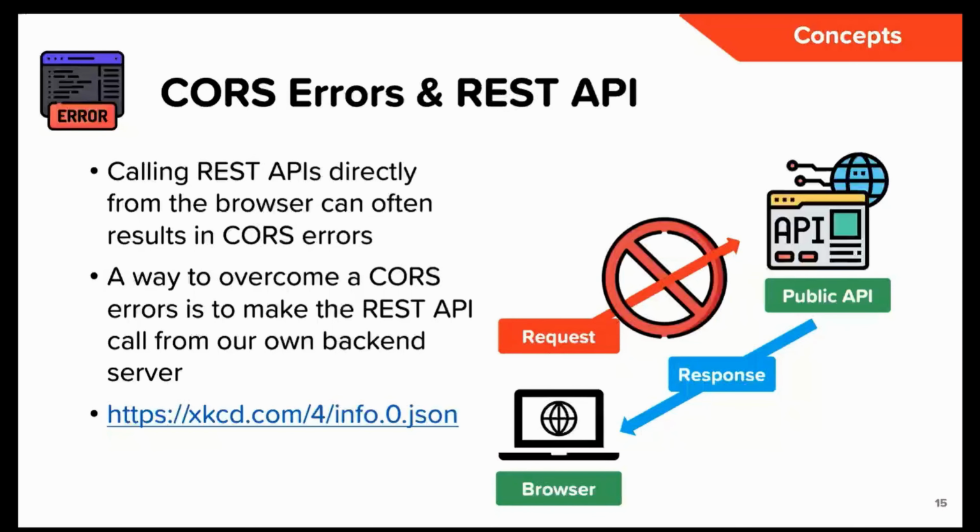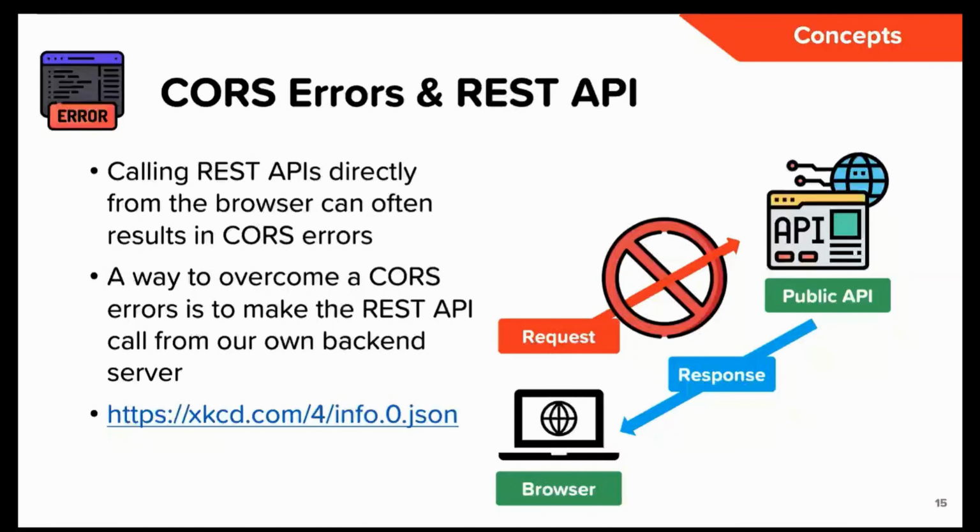Cross-origin resource sharing errors require us, as a client, to interact with a server to make calls on our behalf, so that we can play by safe rules when we're surfing on the internet.